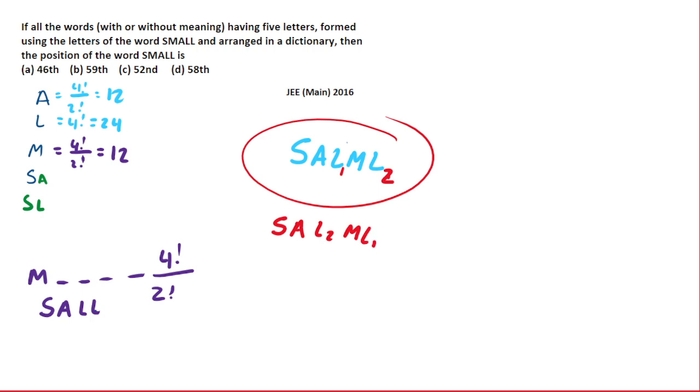It would be counting both just because the L's are in different positions and nothing else. But they're still the same word because L is the same letter, right? So to eliminate this, we divide it by 2 factorial because that eliminates every possibility where just the L is switched and nothing else. That's why we divided by 2 factorial. Let me just erase all this.